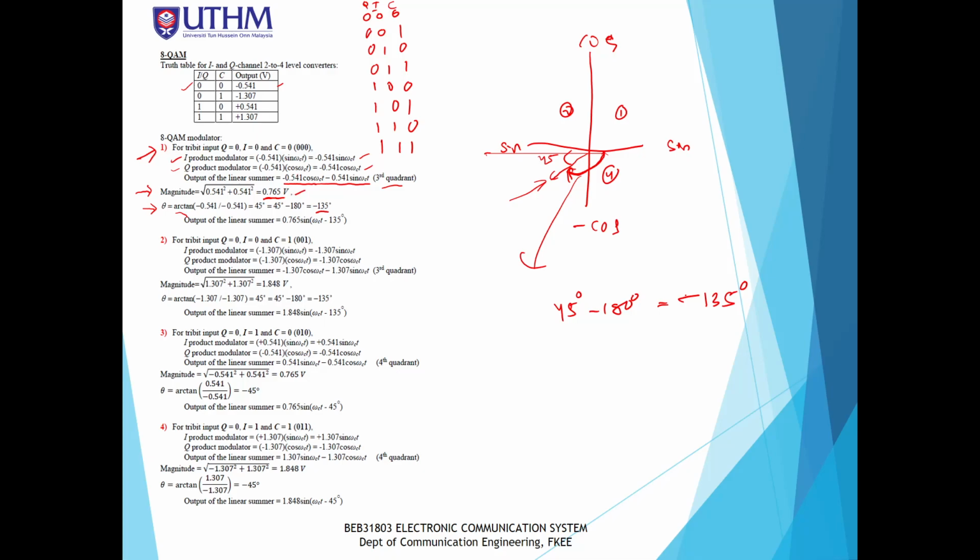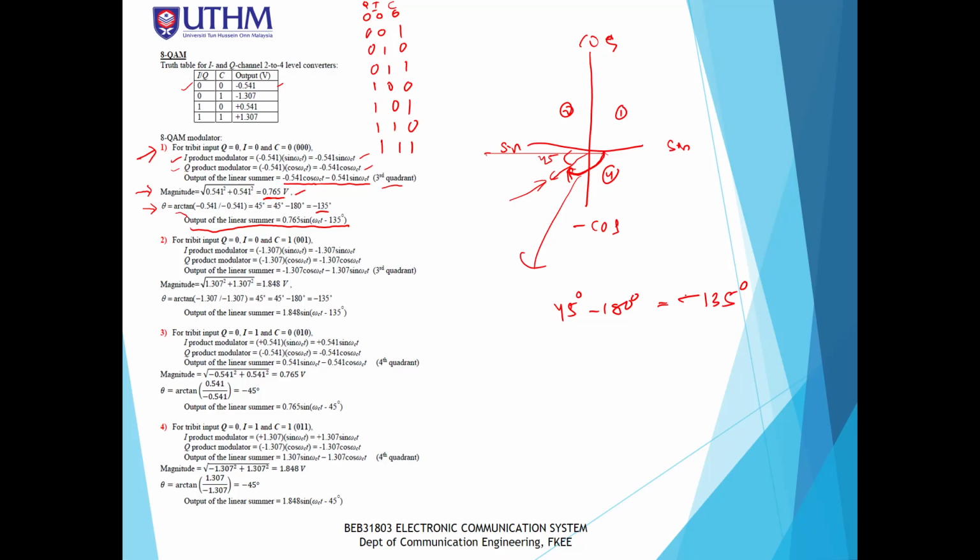From here, we can simplify the equation to become 0.765 sine omega ct minus 135 degrees. So we can simplify the equation using the sine function only, with the magnitude and the phase difference.